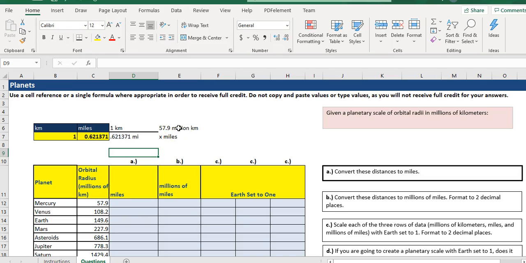So the 57.9 is millions of kilometers. That's right here. So since kilometers is on top, I'm going to put the 57.9 on top. And then the miles is what I'm trying to find, so that's on the bottom. And so I'm going to cross multiply.